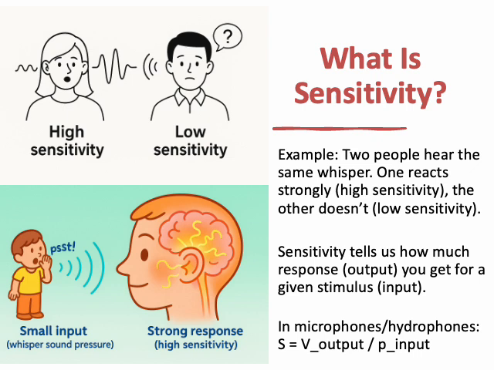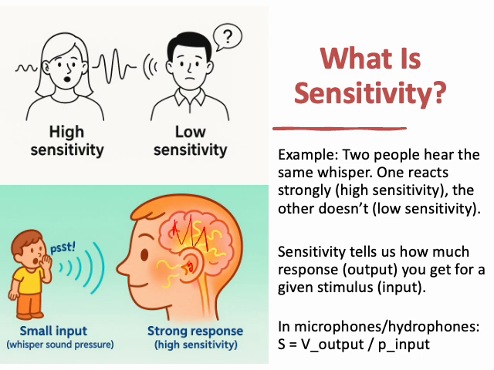Both here are exposed to the same sound pressure, but their ears respond differently. The girl's eardrums produce a stronger signal to the brain, just like a more sensitive sensor.